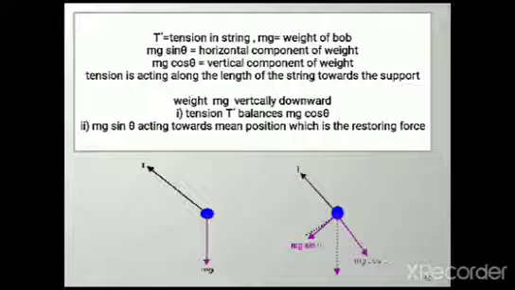So from this we can say that tension T dash is balanced by the force mg cos theta. The component mg sin theta is acting towards the mean position, hence it is nothing but a restoring force.